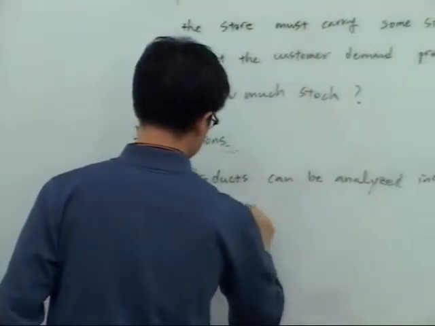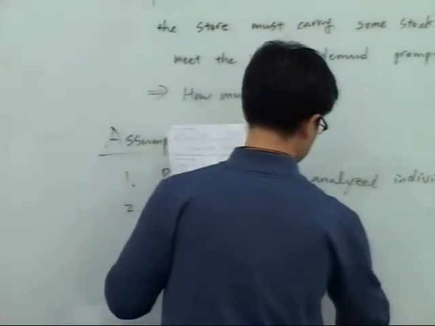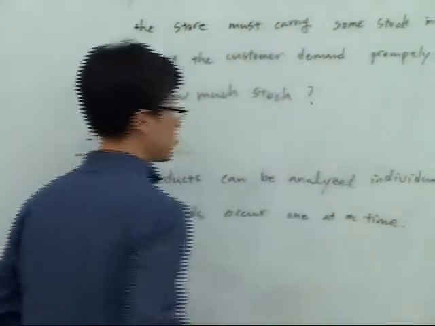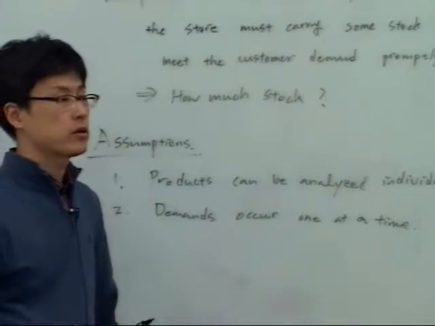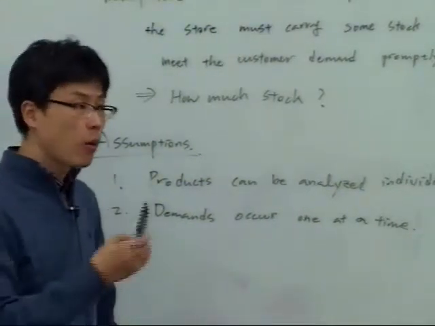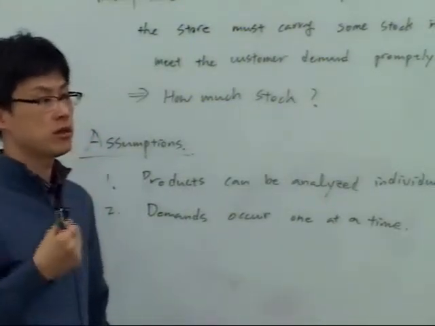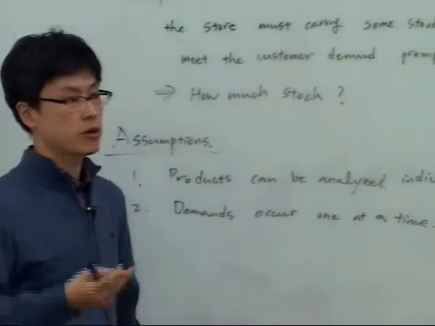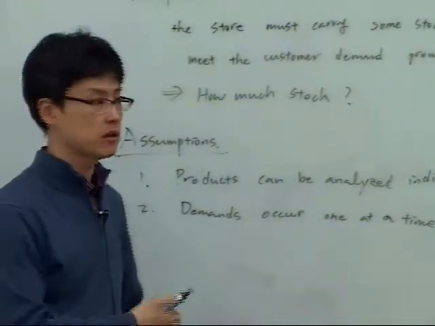And demands occur one at a time, which means like this. If we are selling a TV, all customer demands are one by one. One demand, and one demand. Nobody comes to us and asks, I will buy 12 dozen TV sets at the same time or something like that.